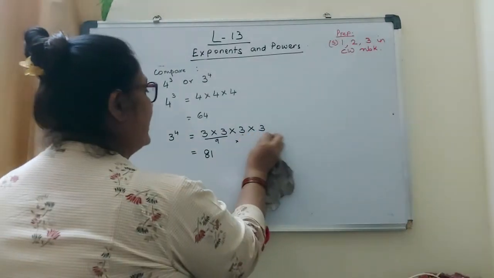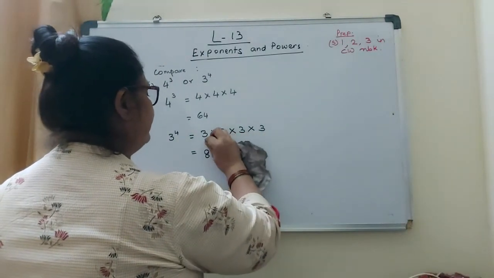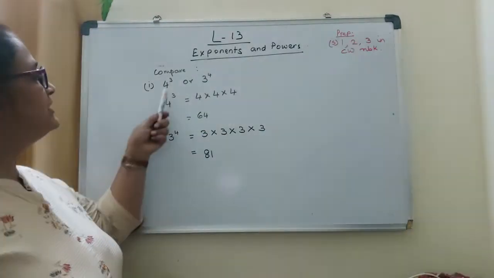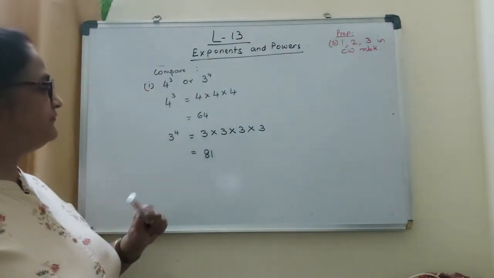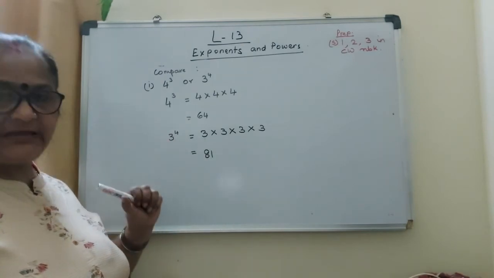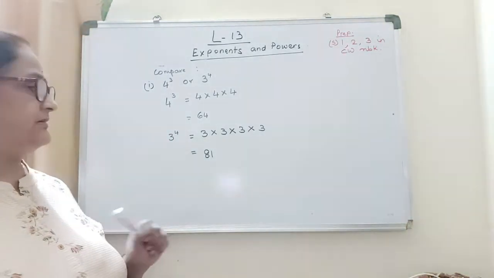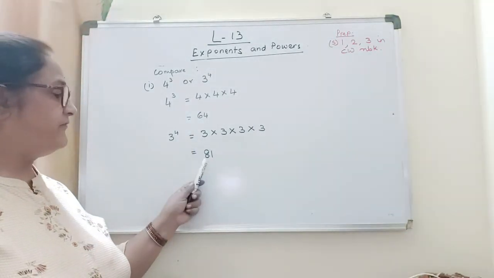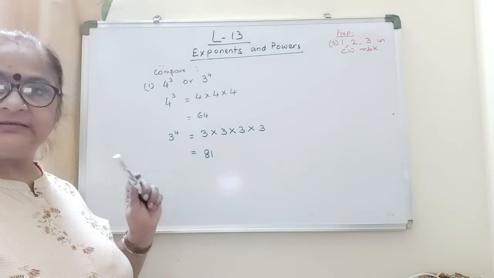So what is your answer here? 81. Now compare. 4 raised to the power of 3 was 64. 3 raised to the power of 4 is 81. Which is greater? 64 or 81? Obviously, 81 is greater.